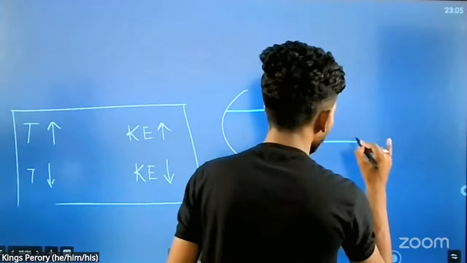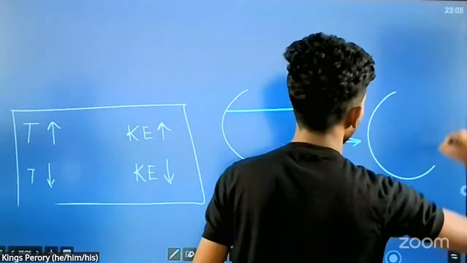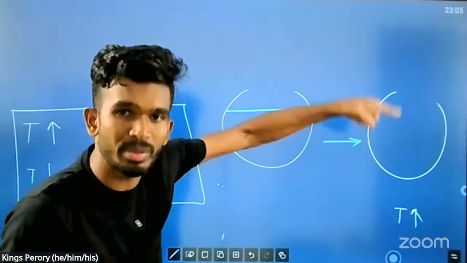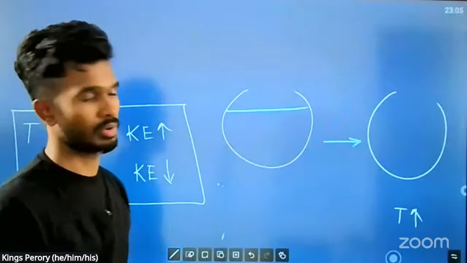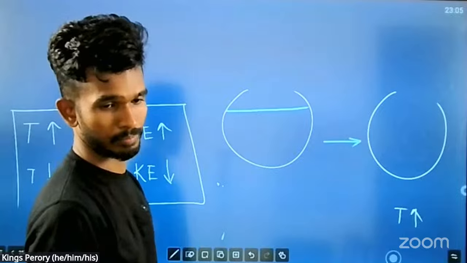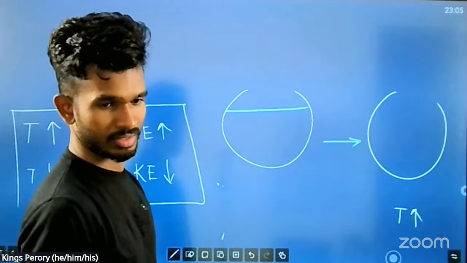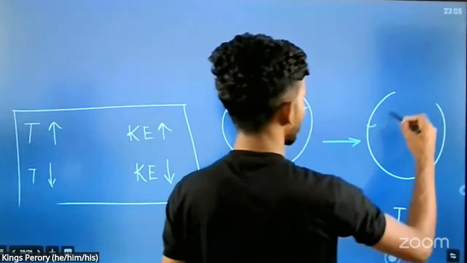But after some time, when you heat it, you increase the temperature. You all tell me, will the water be calm and quiet, or will it dance up and down? It will be dancing up and down.